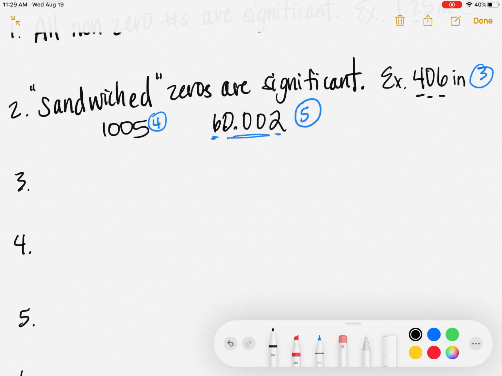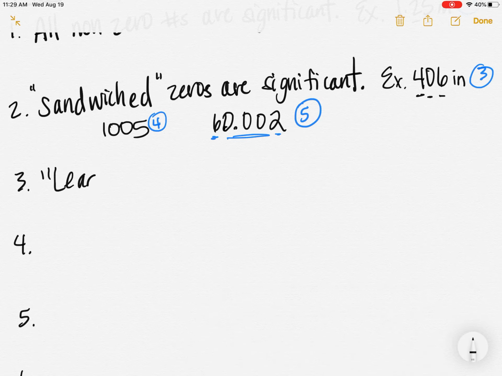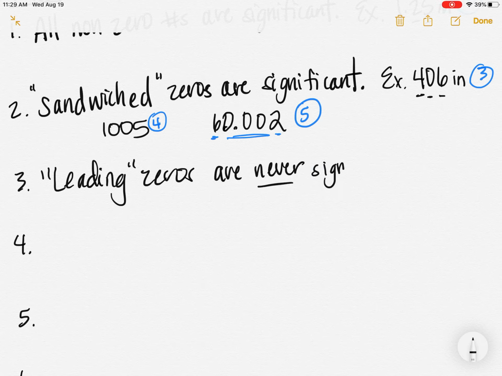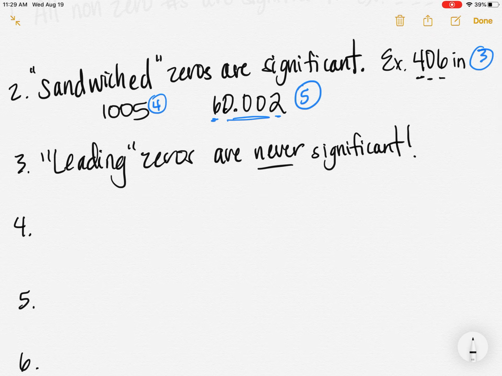All right, my next rule is about something that I call leading zeros. As you might guess, leading zeros come in front. A leading zero comes in front of numbers, and leading zeros are most often accompanied by a decimal point.